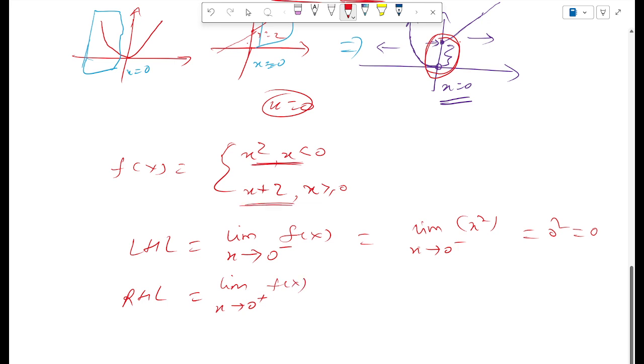It will take the x plus 2 part of the graph, so it becomes the limit as x tends to 0 plus of x plus 2. If we put 0 in this, it becomes 0 plus 2, which is 2.